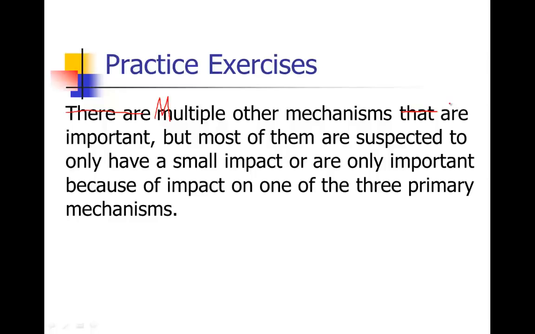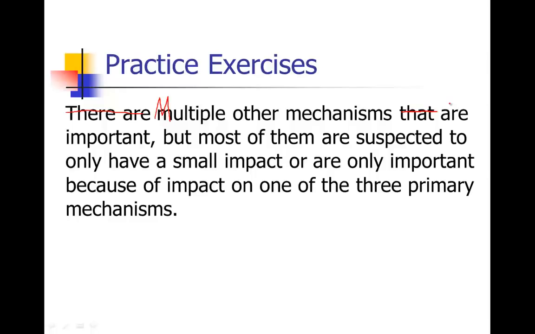And then we get to this "are important." So I'm going to pick on "important" again. Specifically in this case, I'm going to get rid of it because, again, "important" is kind of a little bit of a fluffer. It's a little bit vague. In this case, it's almost a little bit contradictory when you read the sentence, right? They say multiple other mechanisms are important, but some of them only have a small impact.